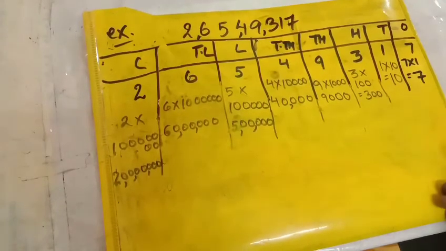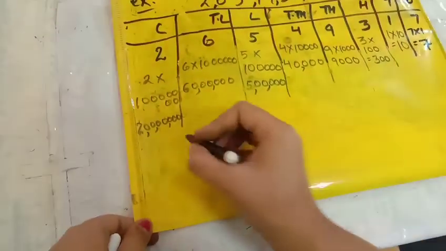Now how to find out the expanded form? It is a sum of all the place values of a number.